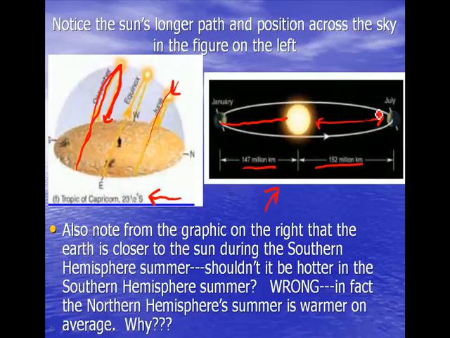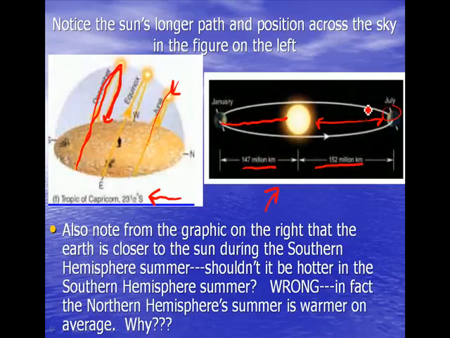So the southern hemisphere is tilted toward the Sun, and the Earth is closer to the Sun at this time. So you would think that the summers in the southern hemisphere would be warmer than the summers in the northern hemisphere, because we're further away in the northern hemisphere from the Sun when the northern hemisphere is tilted toward the Sun. However, this is not true.